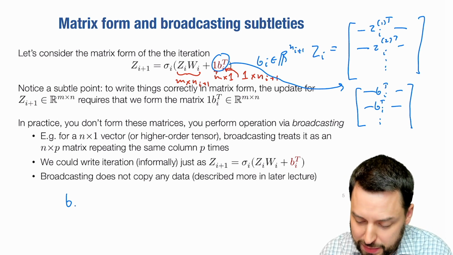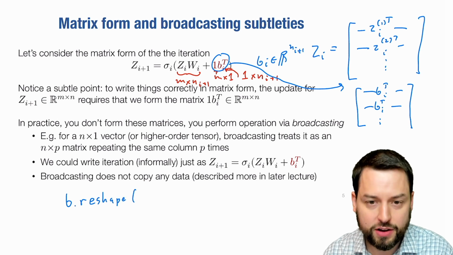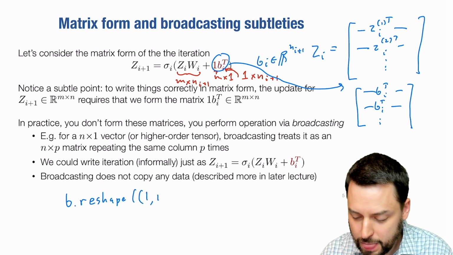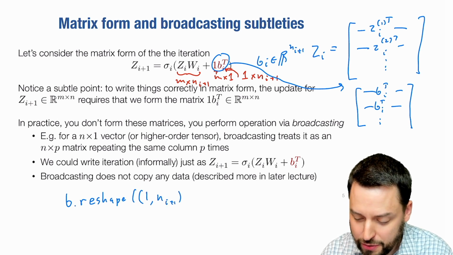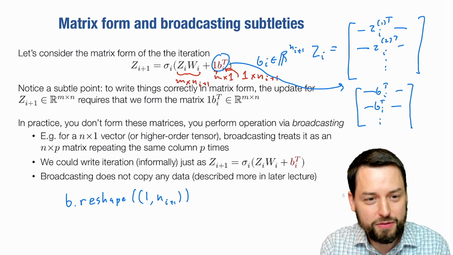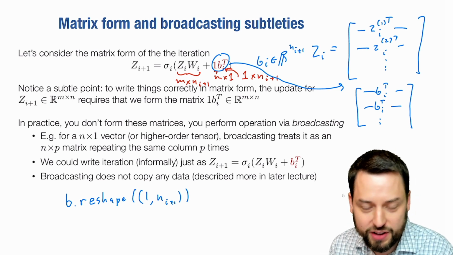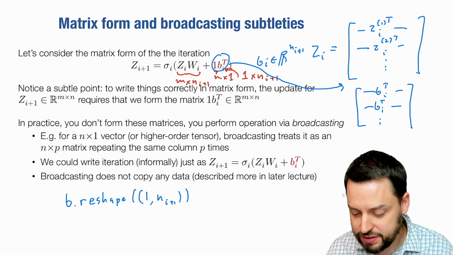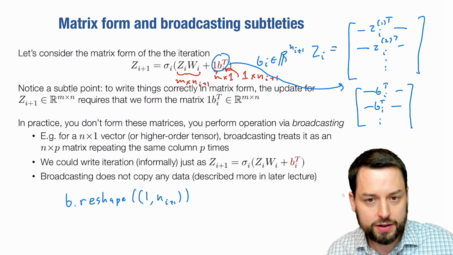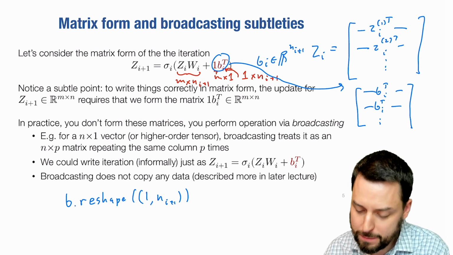And so you want to call something like reshape to first pass a new size to it, which would be in this case 1 by n_{i+1}. I'm going to mix math and code here, but that's the variable for n_{i+1}. So you have to first reshape it to the proper size. And of course, this is valid because this doesn't change the number of elements in it, right? It just adds one more dimension to our tensor.